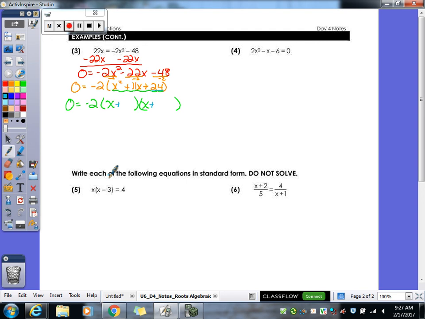Go to your y equals 24 divided by x. 8 and 3. So x plus 8, x plus 3. So now this time we actually have 3 factors. We have the -2, the x plus 8, and the x plus 3.